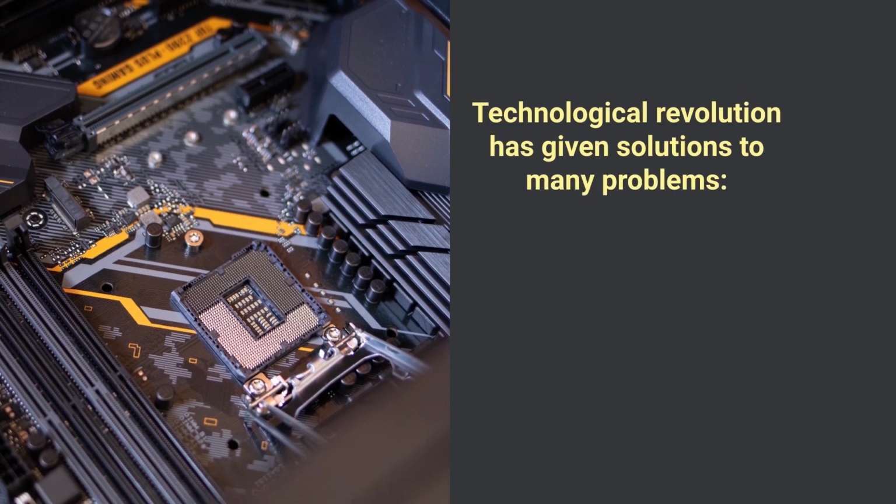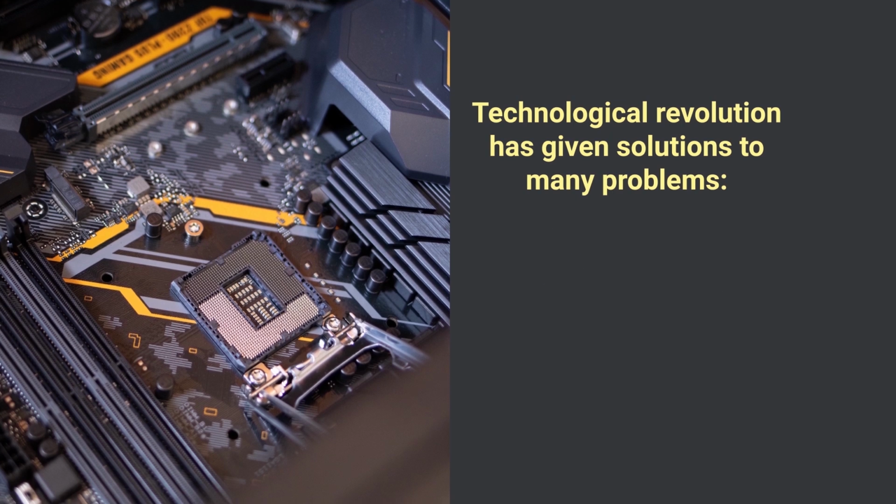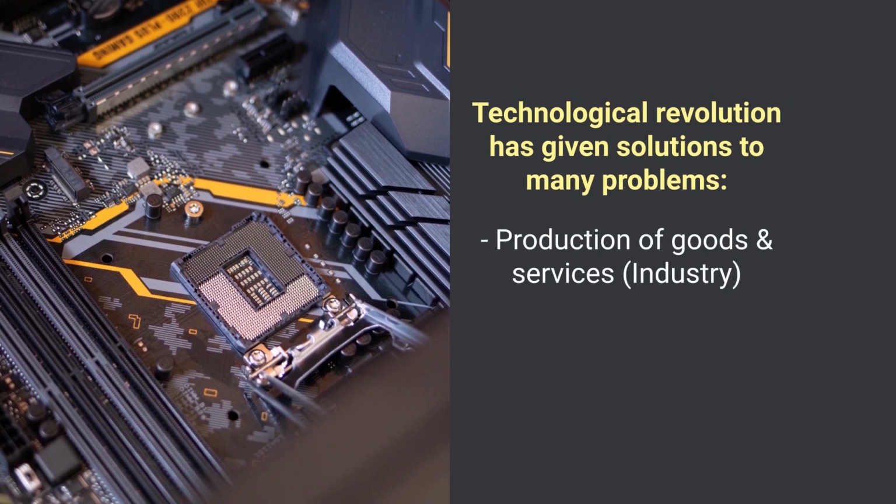Technological revolution has given solutions to many problems. It has helped in production of goods and services, and we all know how much of goods and services we use in our daily life. This is all industry dependent.